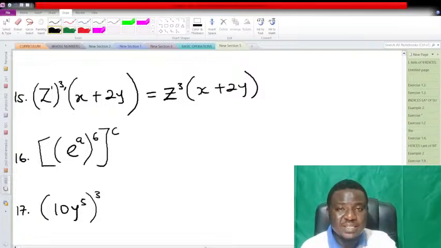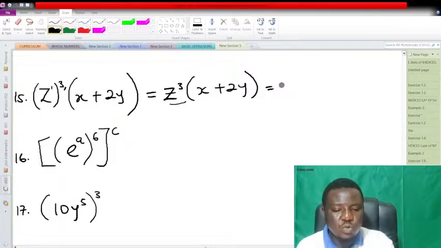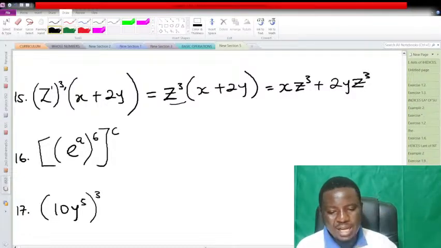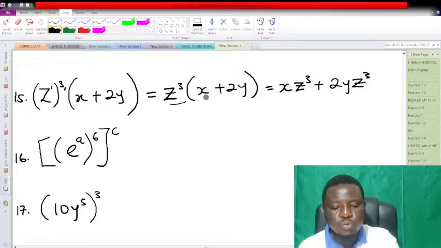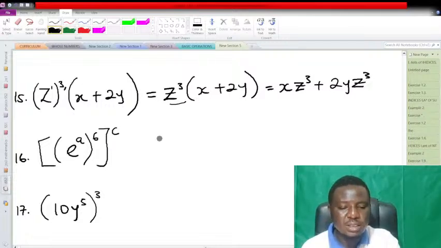But to simplify this further, you can then use the term outside of the bracket to multiply every term in the bracket, so that this gives you xz cube plus 2yz cube. Okay, all I did was to use z cube to multiply every term in the bracket. Now, in multiplying algebra, you need to arrange them in alphabetical order.